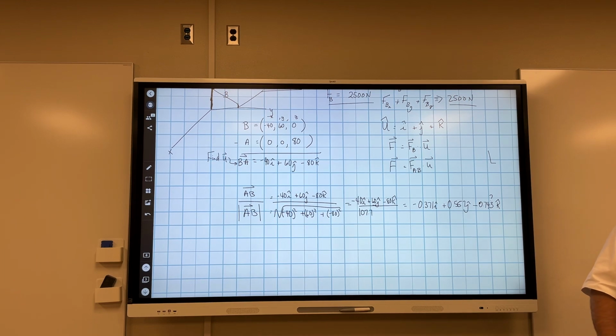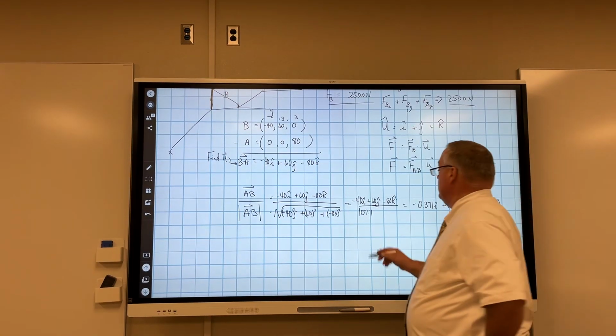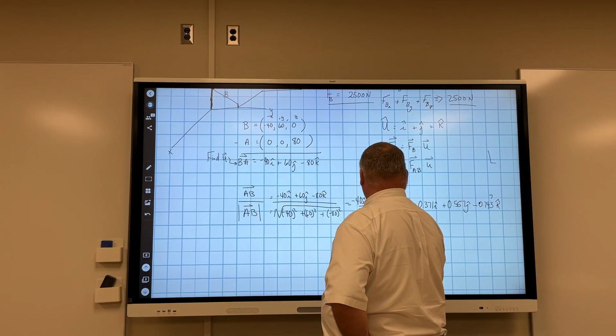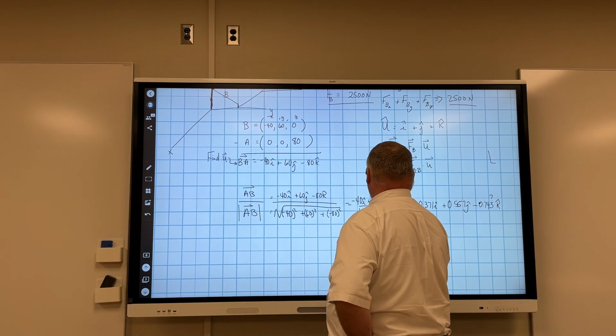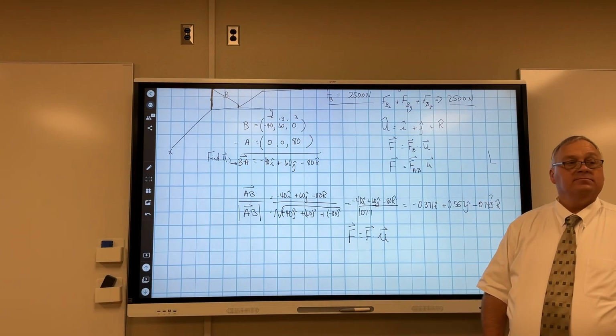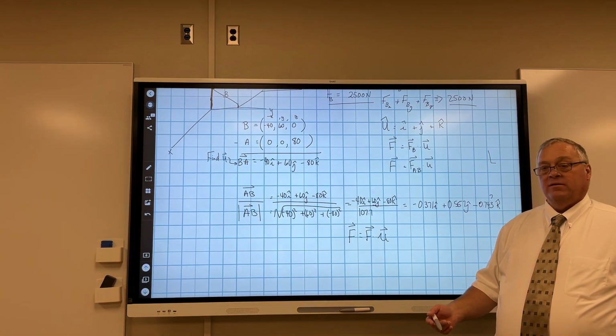Now, why do we need that? Because we know our force is equal to the force times the unit vector, right? What are we trying to do? Break it into components.